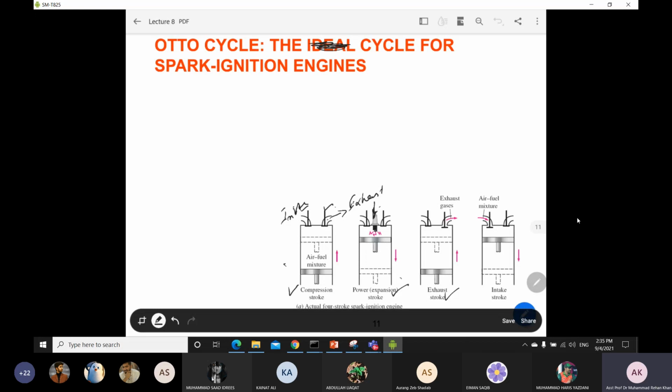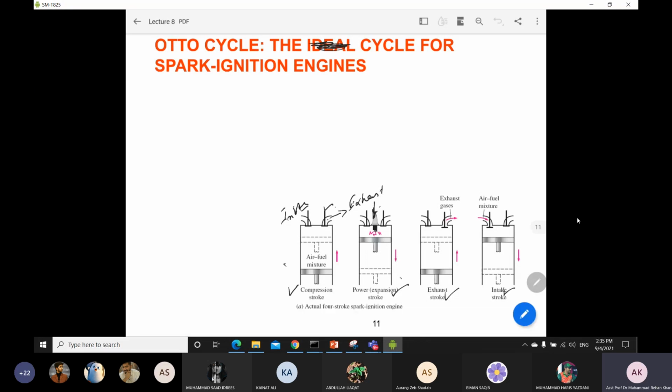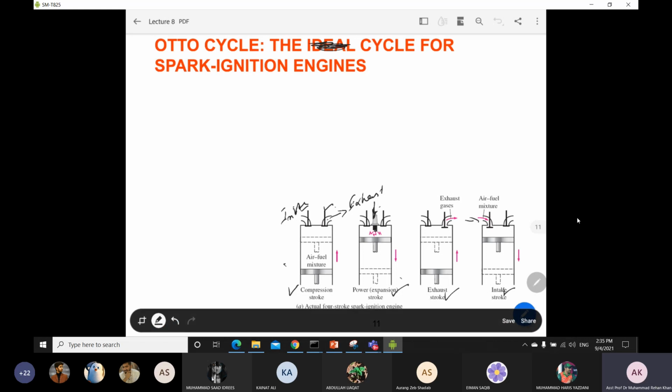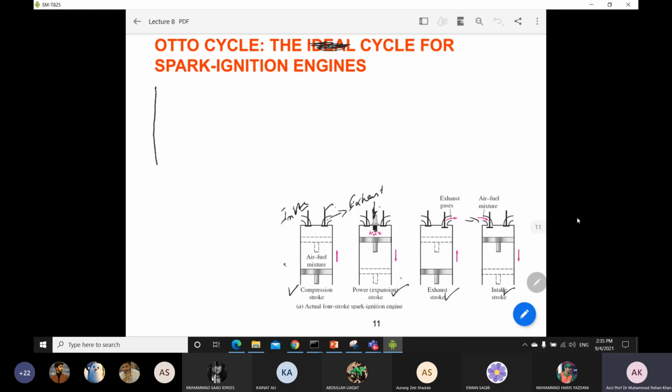And then this is your intake stroke, from where you intake some air or fuel mixture inside your cylinder. Okay, so we will try to draw this on the PV diagram, so then you can get a better understanding of it.